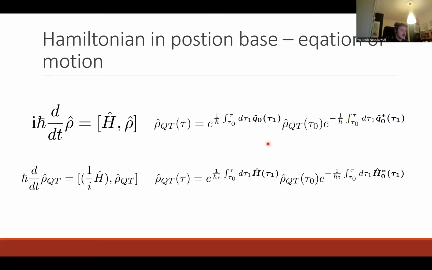Using the formulas from the last slide, we can denote this density matrix using quaternions, and we will obtain the version of this density matrix as shown here at the bottom of the slide.